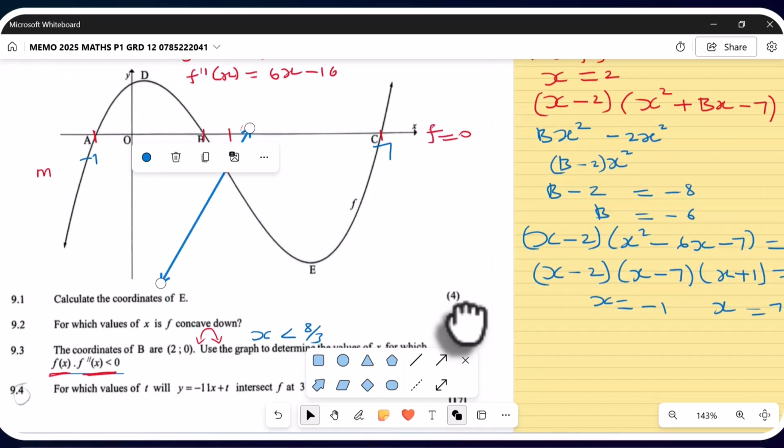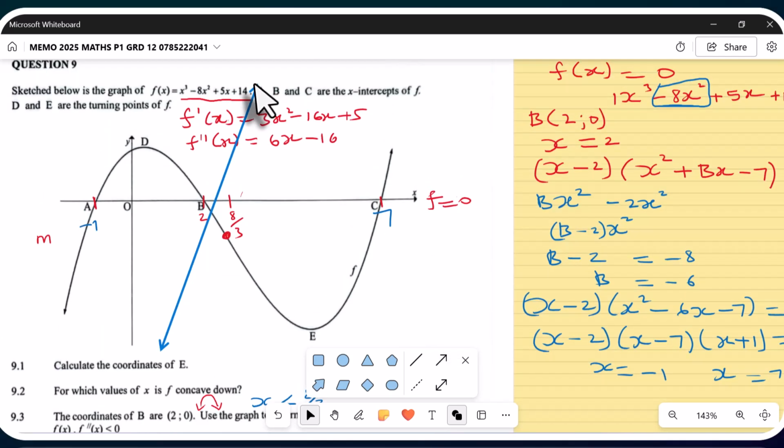Now let us analyze the situation. What you see here in blue is our second derivative, and the one in black is our function f of x. Now, when do we get a negative after multiplying the two?